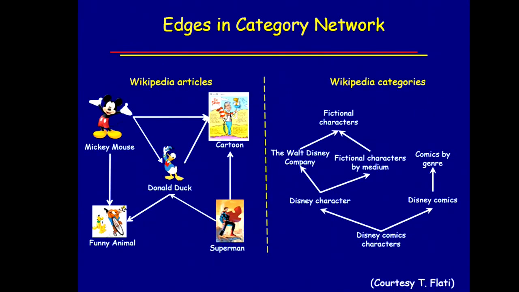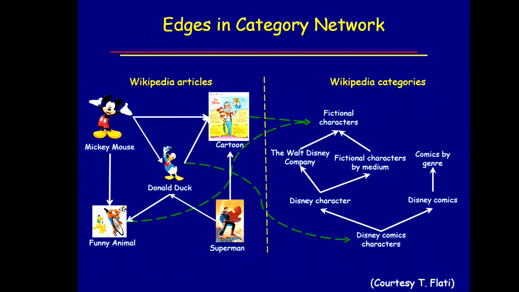So what they would like to do is just an illustration of what they want to do. They have some Wikipedia articles on the left and some Wikipedia categories on the right. And you can think of some sort of edges, candidate edges that you might have among the articles on the left or among the categories on the right. You do have the green edges also, which are simply the connections between articles and categories.